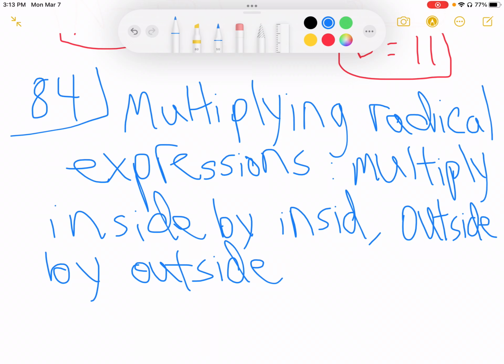Oh, I forgot a D there. So, spelling and drawing. If I was going to make a simple example here, I'd have A times the square root of B, and then I'd have times C and the square root of D.